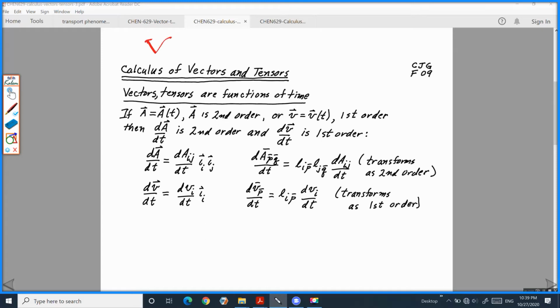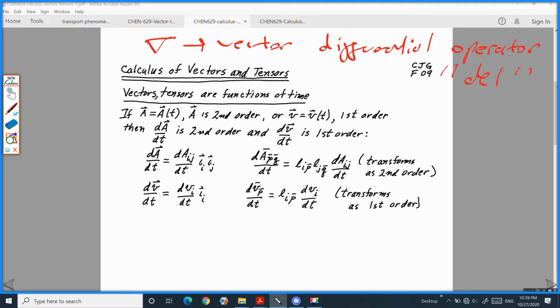Another concept, we call this the vector differential operator. Another name is the del operator.